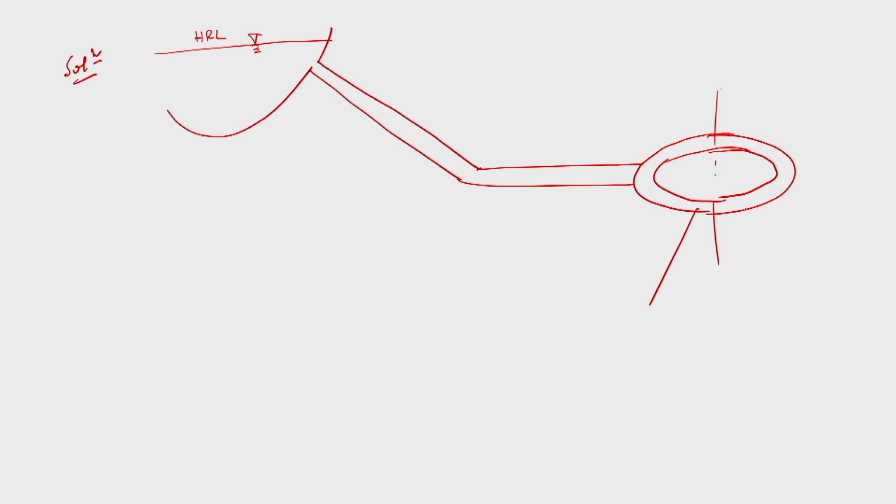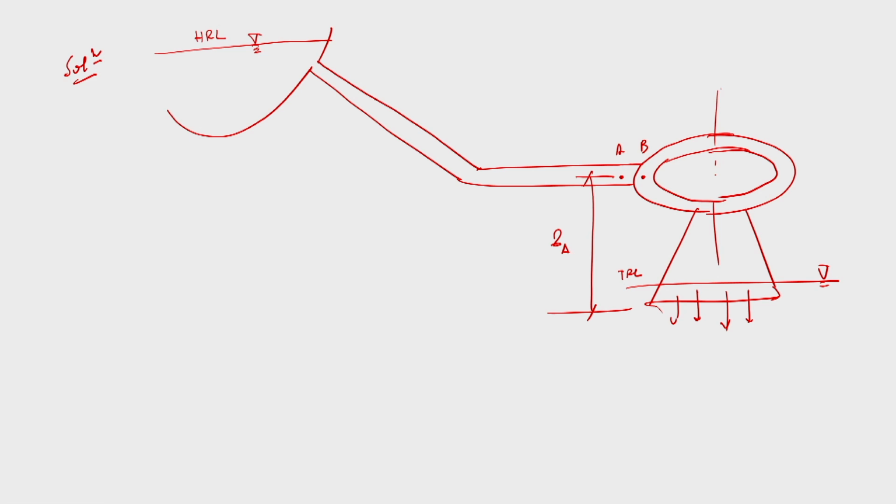We have the draft tube, from where water is discharging, and as I said, the draft tube will always be submerged below the TRL. So this is TRL. Let us say this point is A and this point is B, and this distance is ZA.